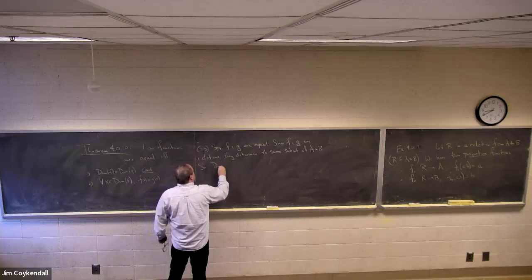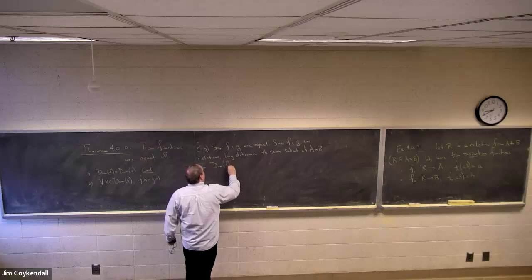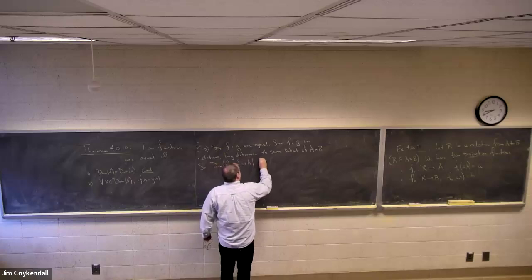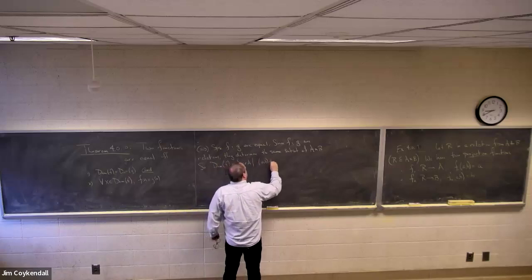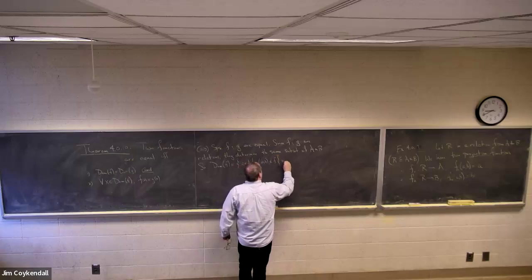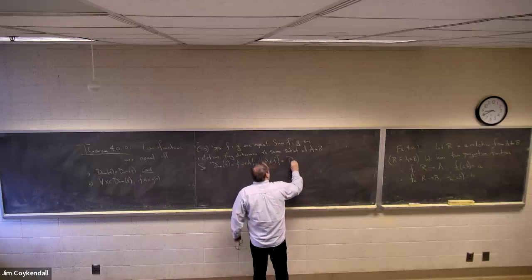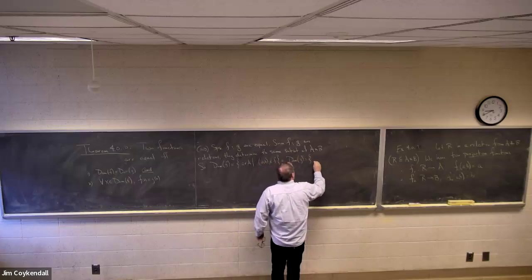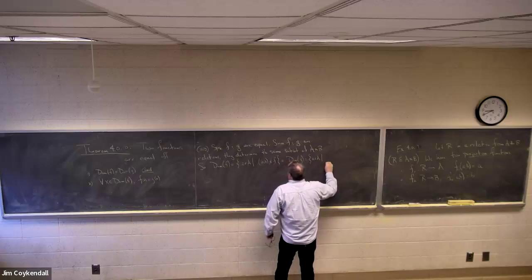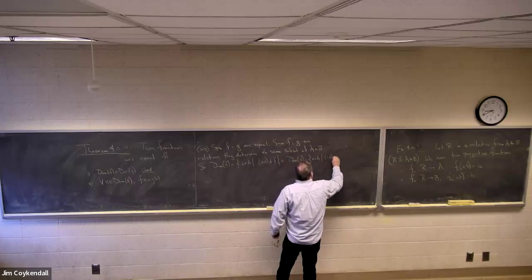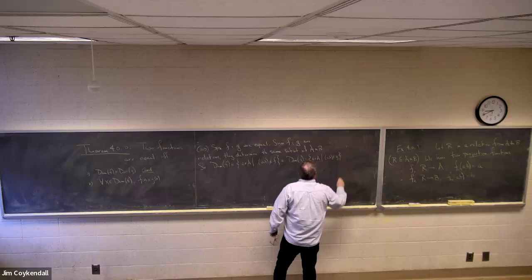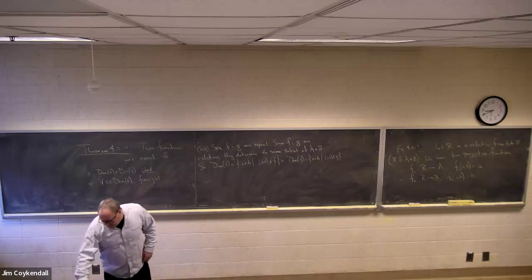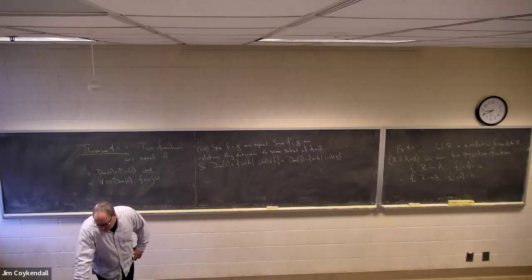So the domain of F, which by definition is the set of A in A such that (A, B) is in F for some B, is equal to the domain of G, which is the set of A in A such that (A, B) is in G. Since the ordered pairs (A, B) are the same for both of these, the domains coincide.